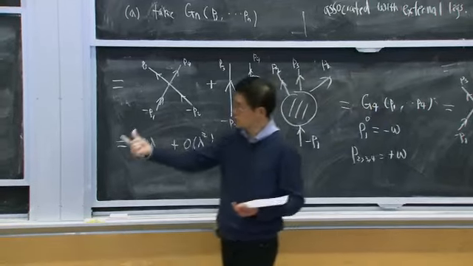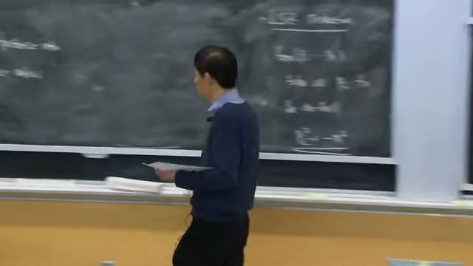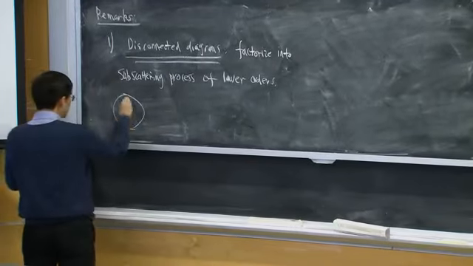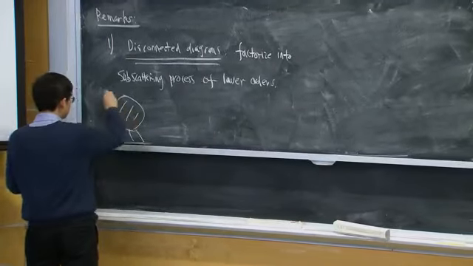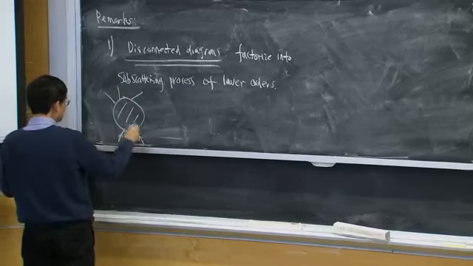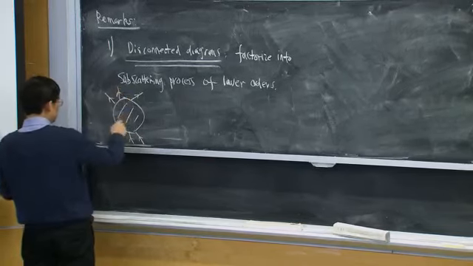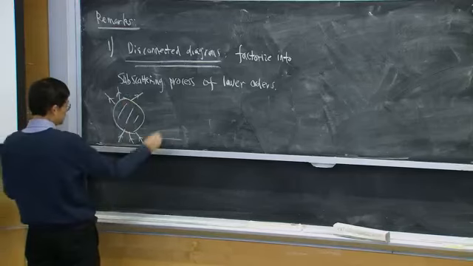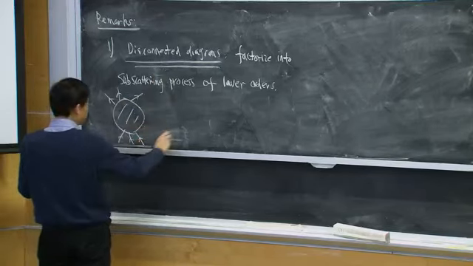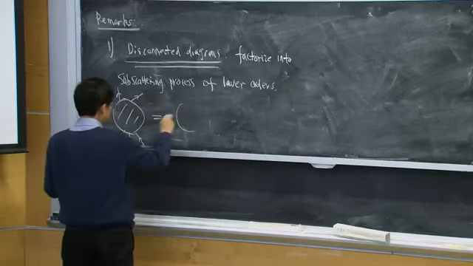So in general, if you have n-particle scattering, with some number of initial particles and some number of final particles, a disconnected diagram means you have a situation like this.